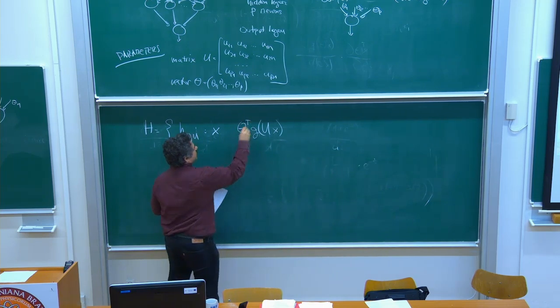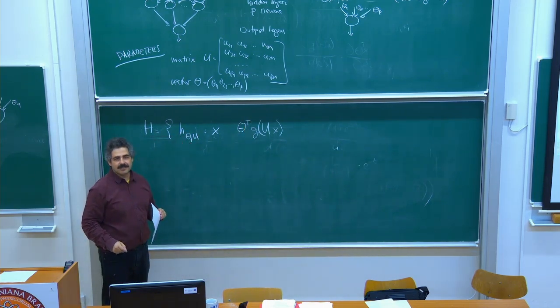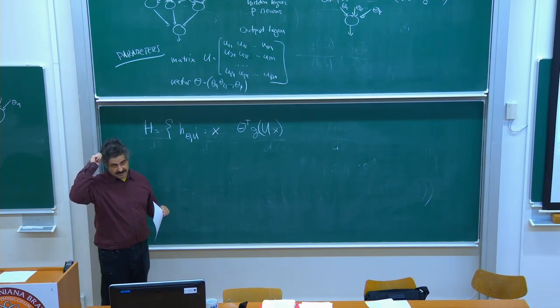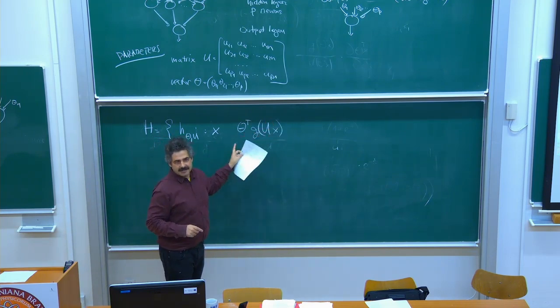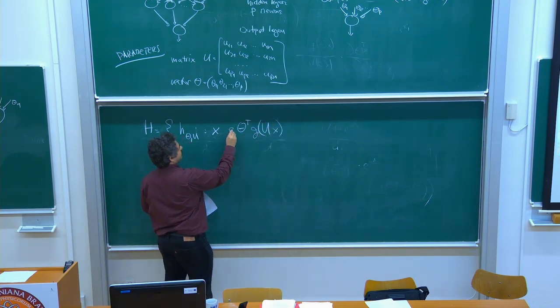Now we just apply theta transposed, since we have column vectors, so we get a linear combination, and again we pass it through the function g.